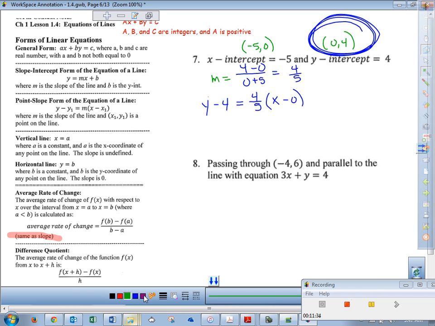Then to put it in standard form, you can write it in slope intercept form real easy because you know the slope and you know the y-intercept was 4. Go ahead and clear the fractions. I'm multiplying everything times 5.